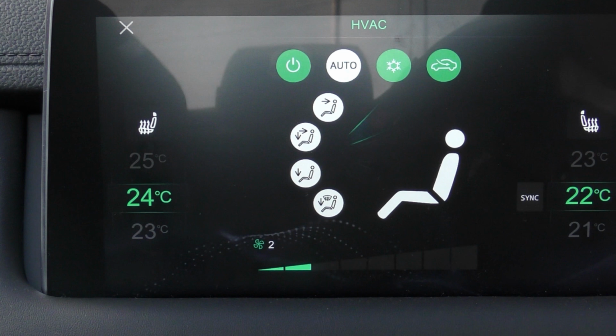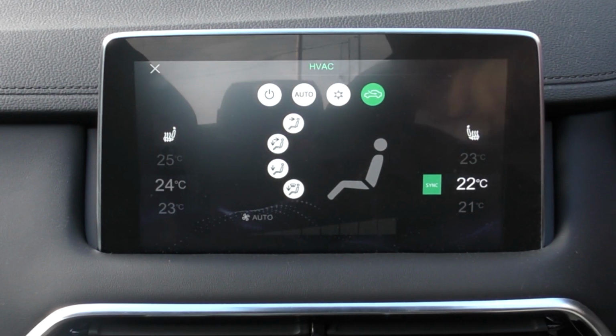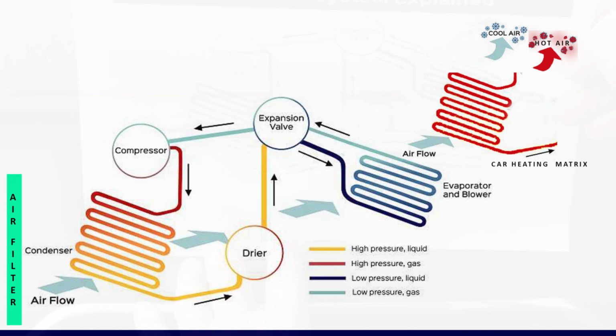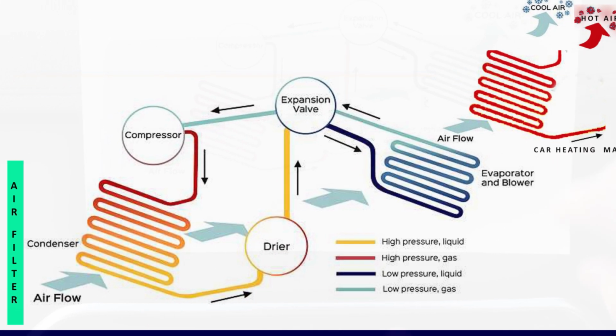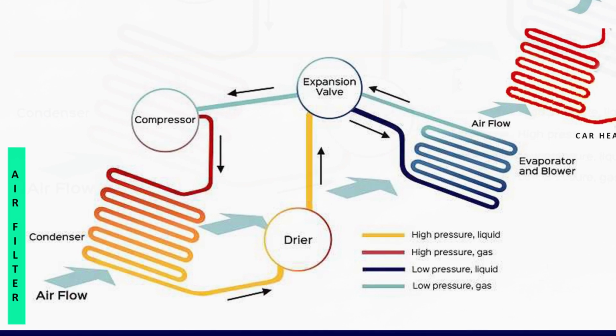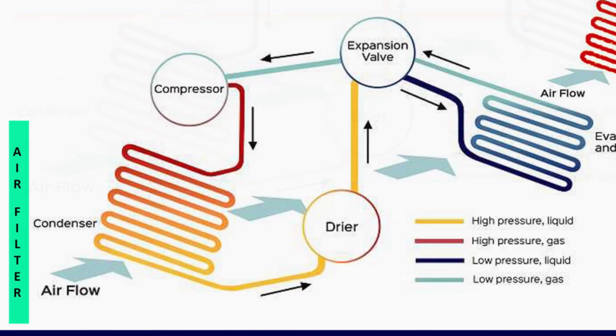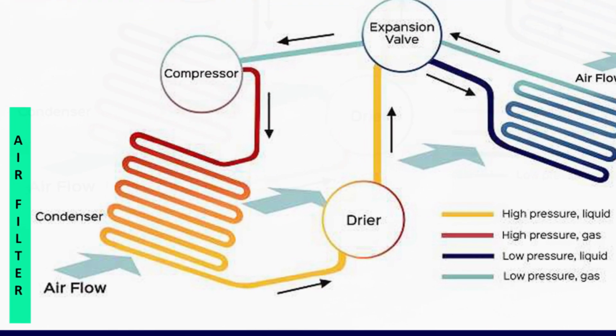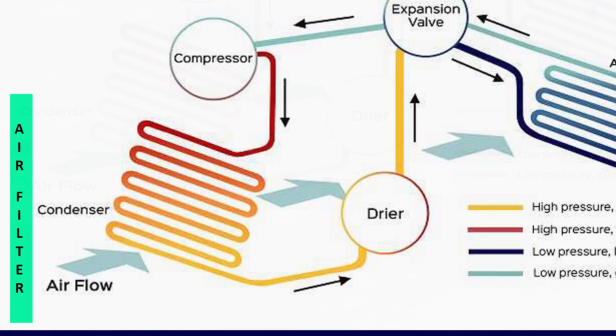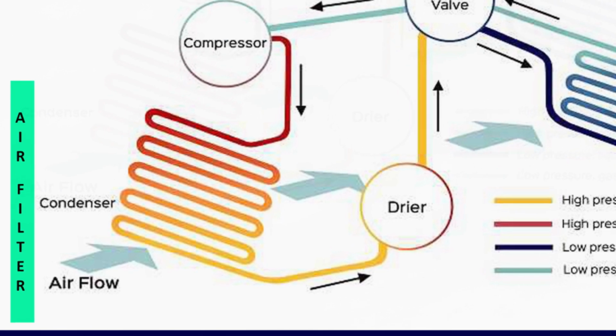What we'll do for noise, we're going to switch that off for now, and we're going to have a look at what an air conditioning system actually does. Now you can see on this drawing here, air comes into the vehicle from the left hand side. It comes across a set of filters, one of which is usually a pollen filter now, to keep your cabin nice and fresh, no pollen in the cabin or dust.